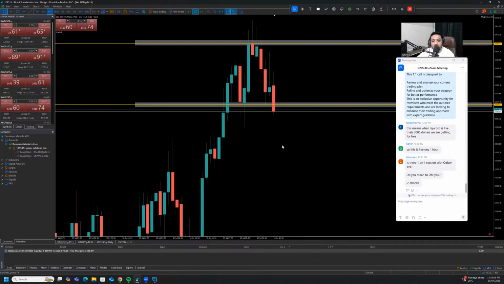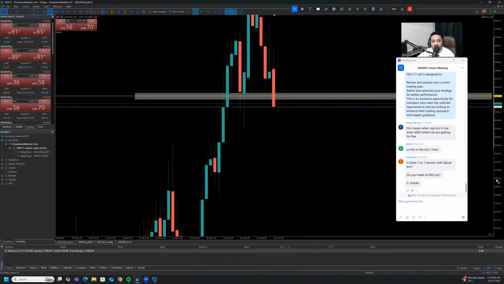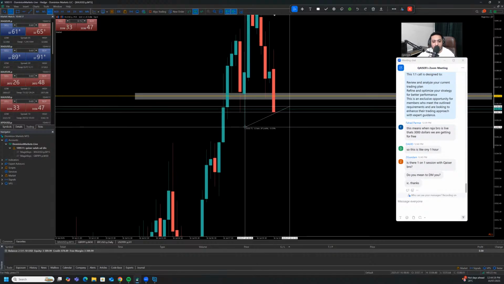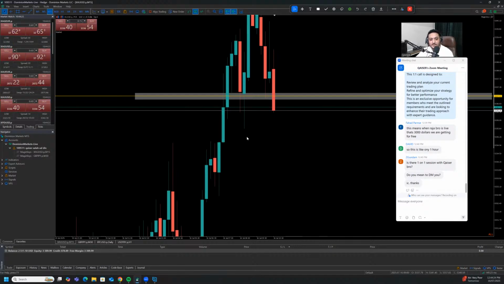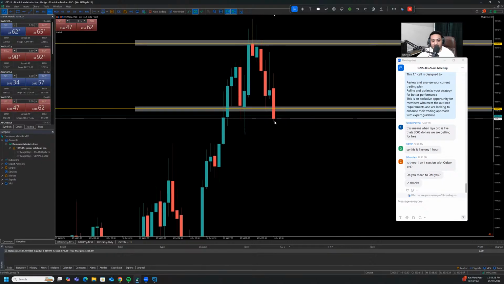There's 1 minute left for the 15-minute candle to close. So just waiting here. Let's see how this candle is going to close. Another thing, I'm worried about the wick on the left-hand side. I just don't like the way the price is moving right now.